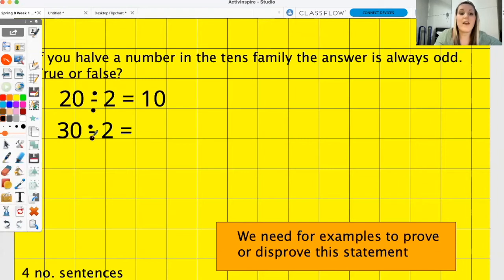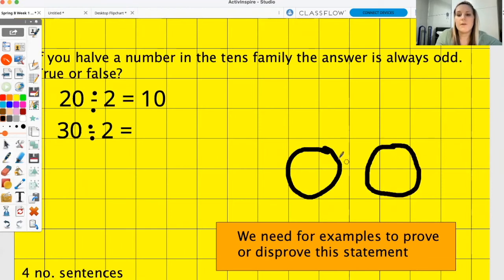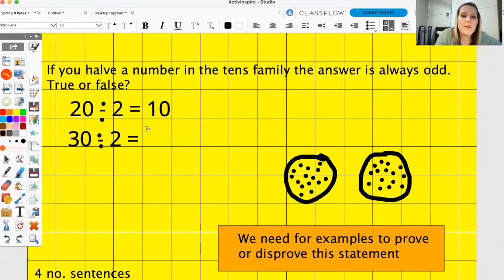If I can't count in 2s that far, of course, I can use the sharing method and share out 30. So 1, 2, and I've got 1, 2, 3, 4, 5, 6, 7, 8, 9, 10, 11, 12, 13, 14, 15 dots in one of those tummies.